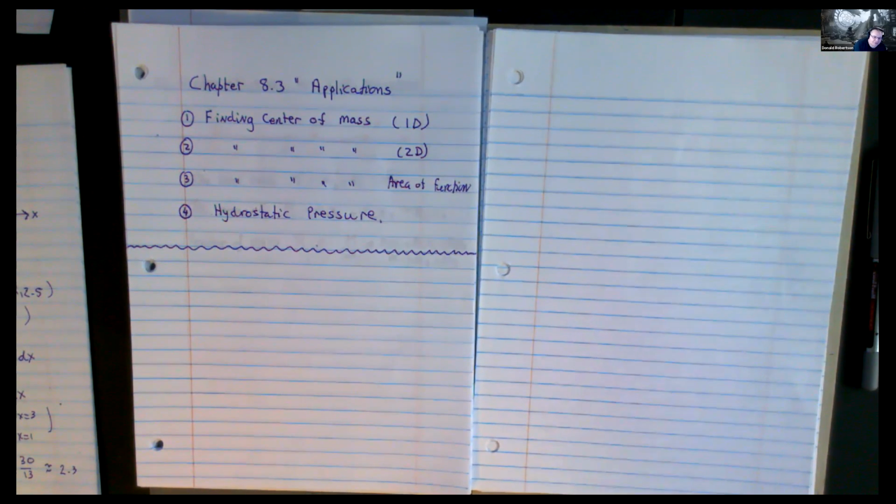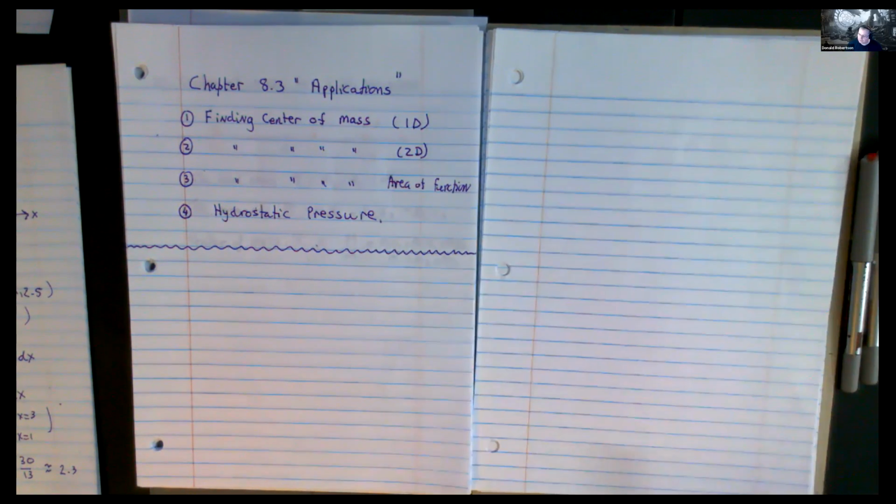And then after that, won't happen today, but we'll do hydrostatic pressure, which is basically finding the total pressure on a metal plate if you stick it under the water. And evidently, people in engineering stick plates underwater, and so they want to know what the total pressure is. Hydrostatic just means water pressure, I believe. So far, so good.